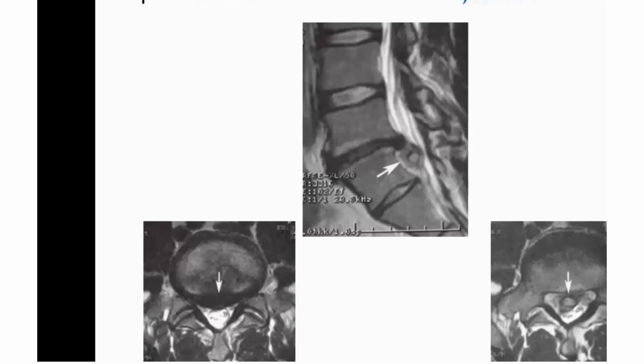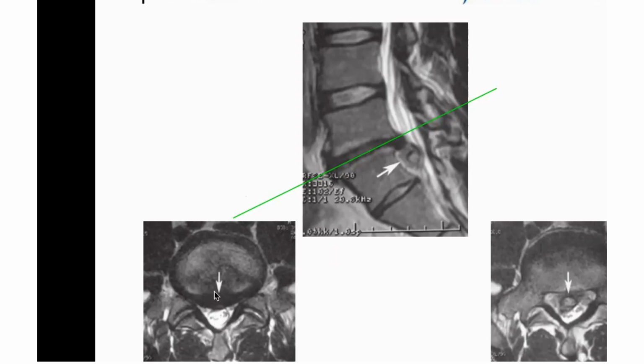So this is the sequestration of the disc. Sequestrated disc. Now, if you are in the habit of seeing only the sections taken through the disc, what does it look like? See, the thecal sac is free.